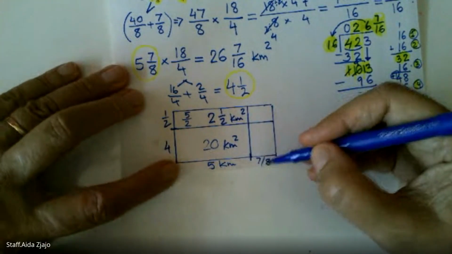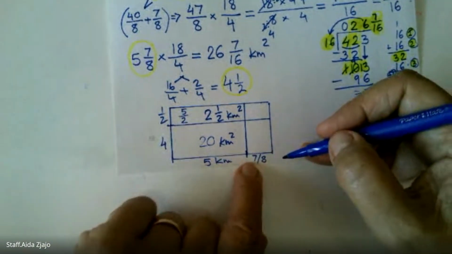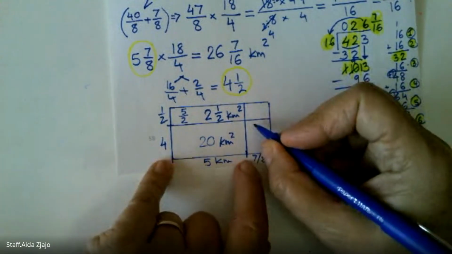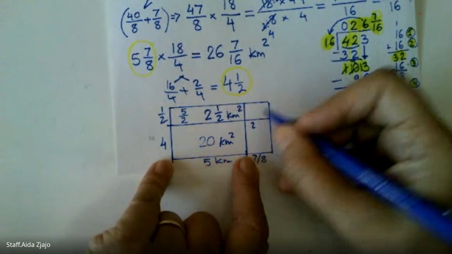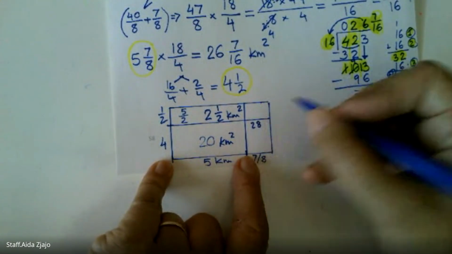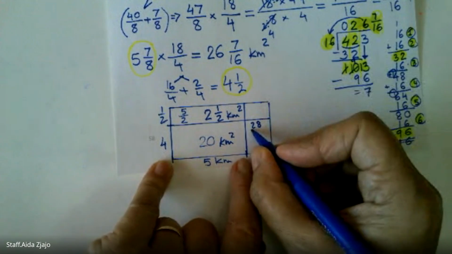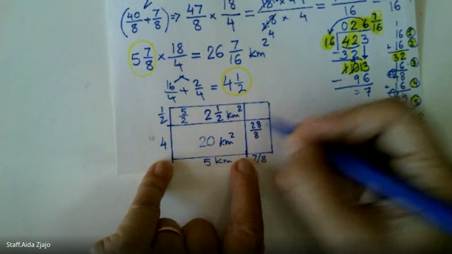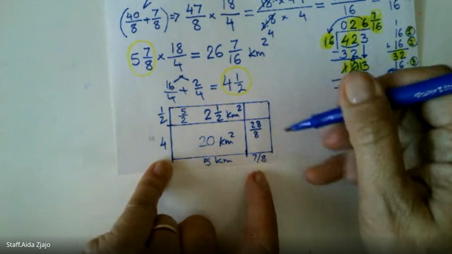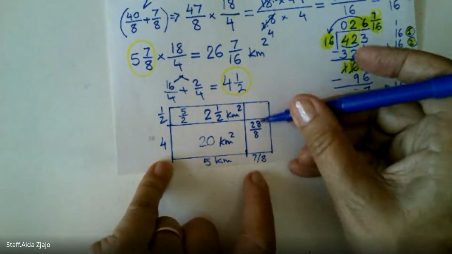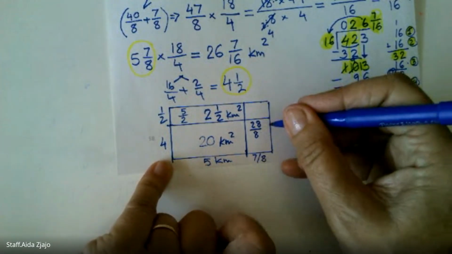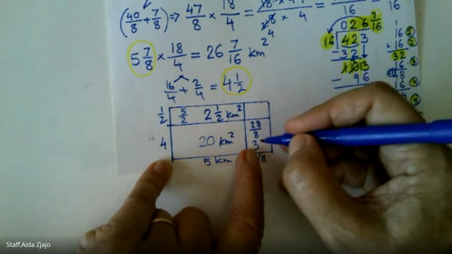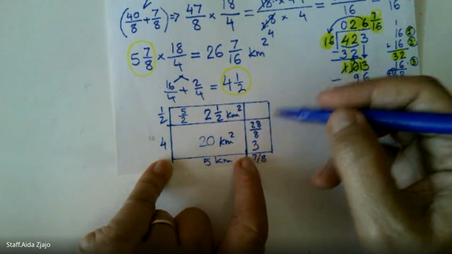This one is 4 times 7, 28 eighths. So if I say 3 times 8 is 24, this would be 3, and 4 eighths.